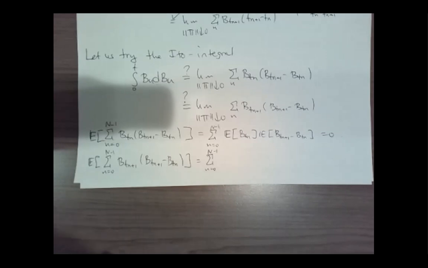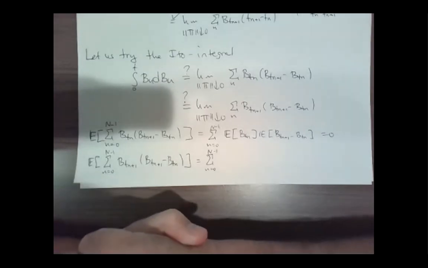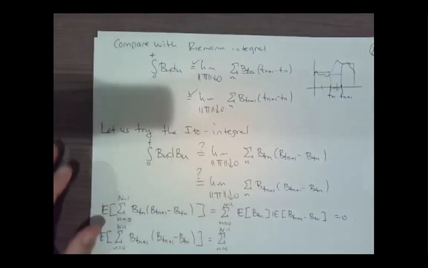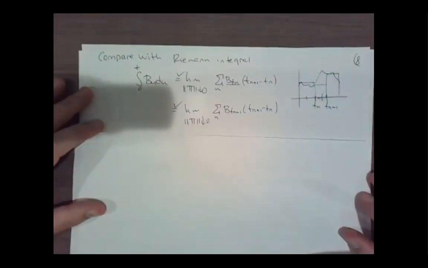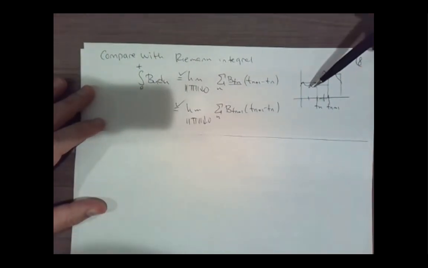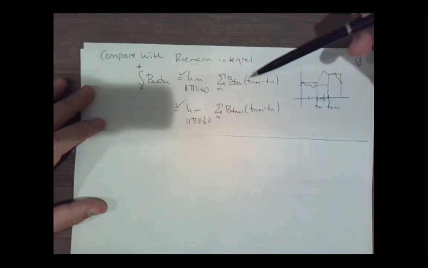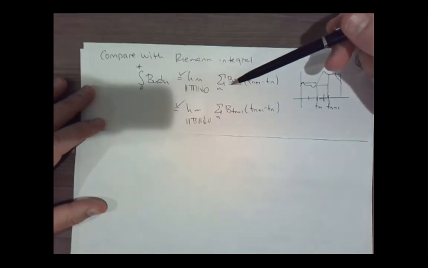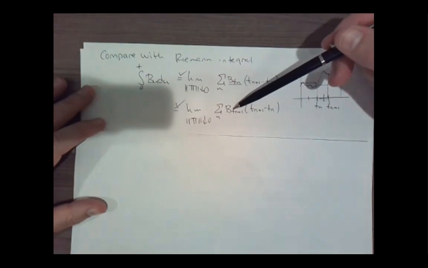Wait, Professor, I got lost. Yes. What are we doing in this new step? So we had a discussion about when we do the Riemann sum approximation, we could choose whatever we wanted to approximate within the interval. So we could choose the left endpoint, we could choose the right endpoint.